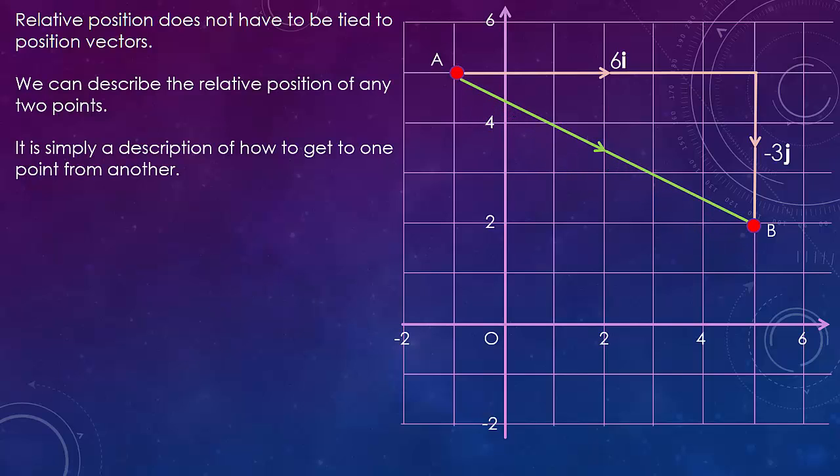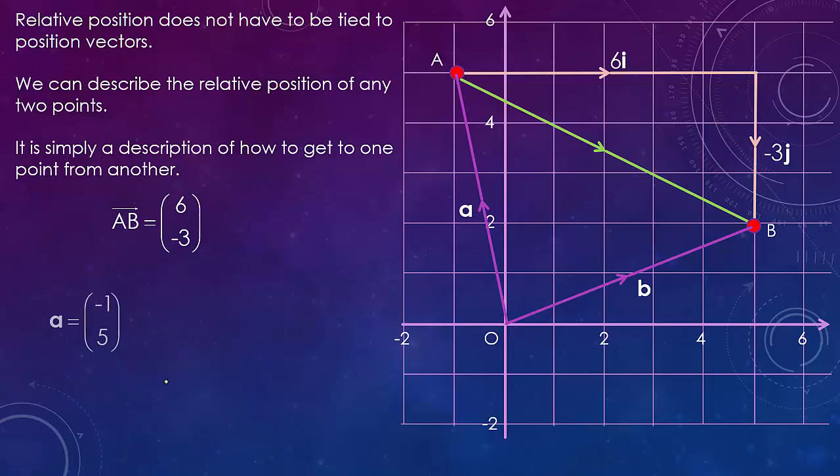Now we can actually tie that back to position vectors. Let's first of all say that AB is 6, -3. We can see that straightforwardly enough. Now let's consider that A is the position vector of the point A, and that B is the position vector of the point B. The vector A, as we can see from here, is -1, 5, and the vector B is 5, 2.